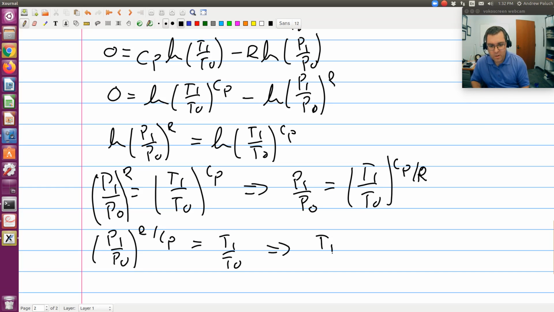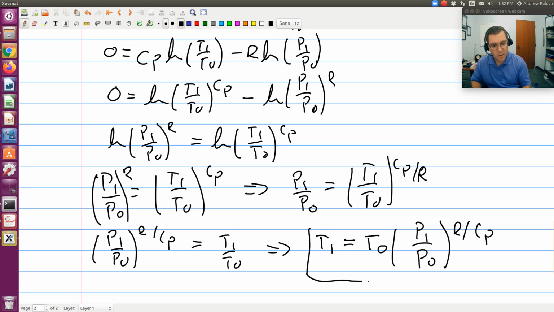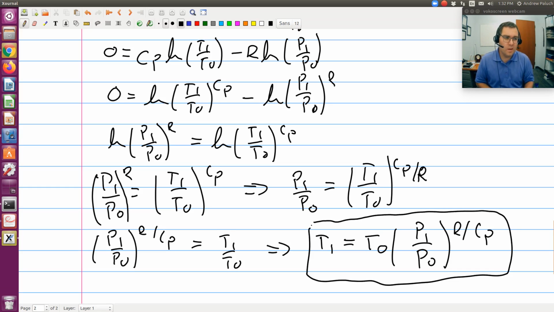Therefore, T1 I can explicitly solve for is T naught times P1 over P naught raised to the R over CP. So this equation readily allows us to solve explicitly for T1. That's nice and easy. I don't need a computer. I can just do this on a simple calculator.